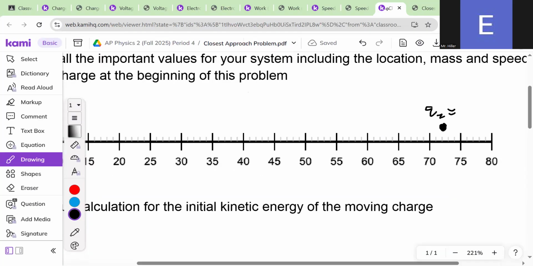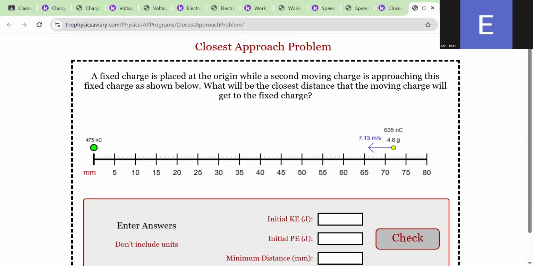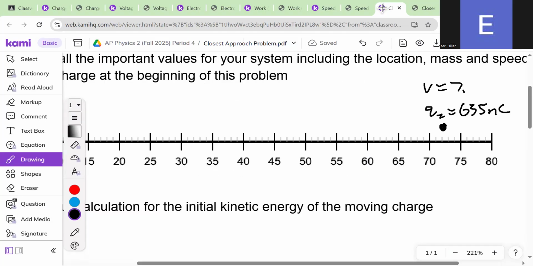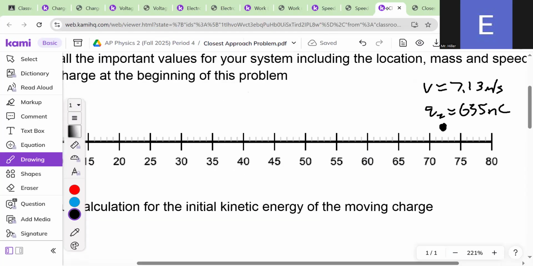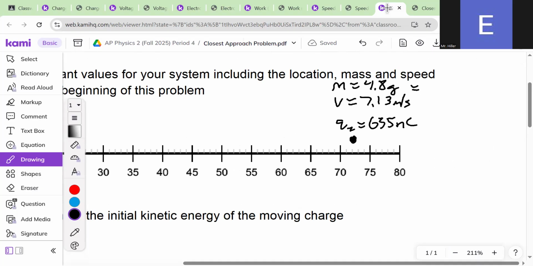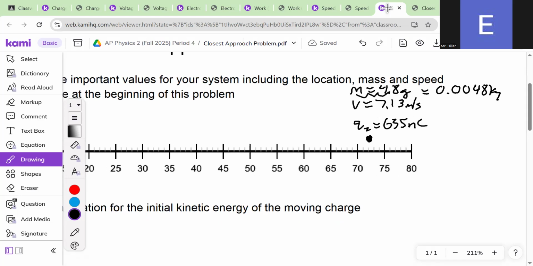And it's moving with a speed of 7.13 meters per second. Pretty slow, considering it's a particle. And the mass of it is 4.8 grams, which we know to be 0.0048 kilograms. Remember, we have to move that to the left 3 times.